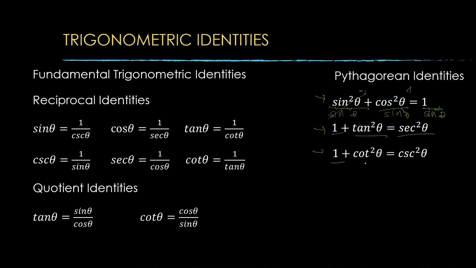And cosine of theta squared all over the sine of theta squared is cotangent of theta squared, and 1 over sine of theta squared is cosecant of theta squared. Okay, so again, you only need to memorize this one, and it's not that difficult to memorize this equation.